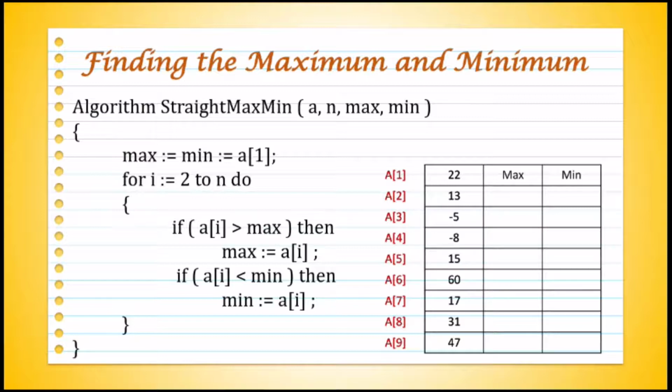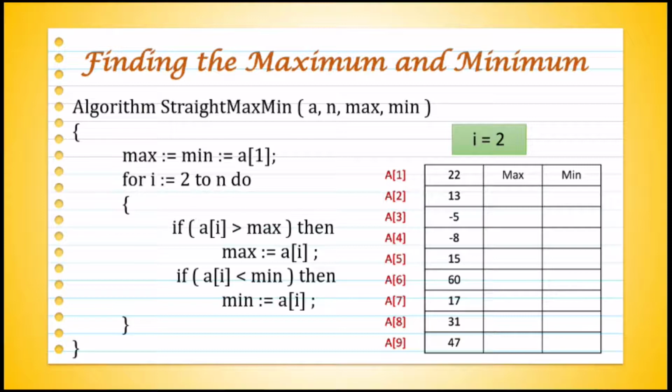So the starting value of I is 2. So we will check the condition whether I is less than or equal to n. So n is 9, that means 2 is less than 9. So this condition is true, that means we will execute the for loop. So in the for loop, what is the first condition?